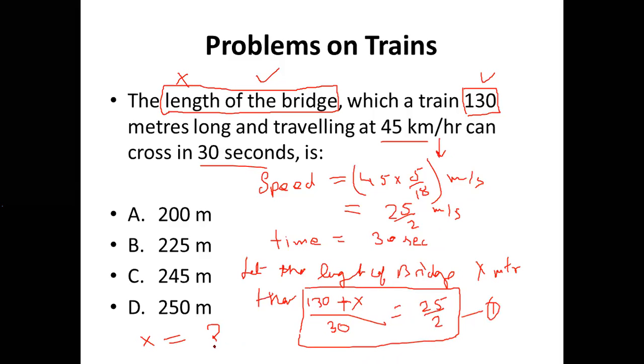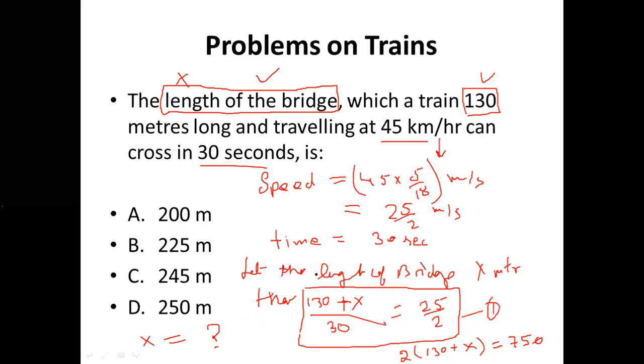Yes. What is the correct answer? So if we solve this, you will see that will be 2 into 130 plus x is equal to 25 into 30, that is 750, right?